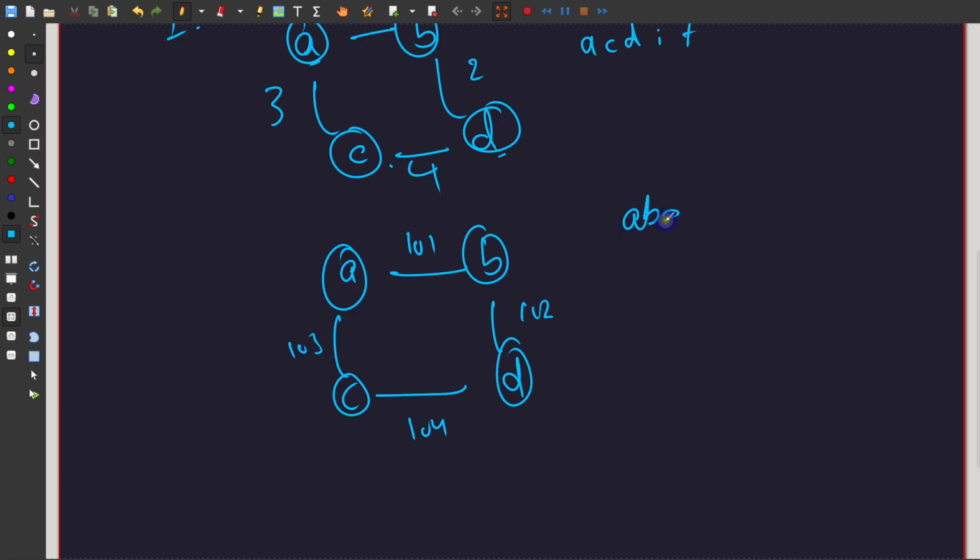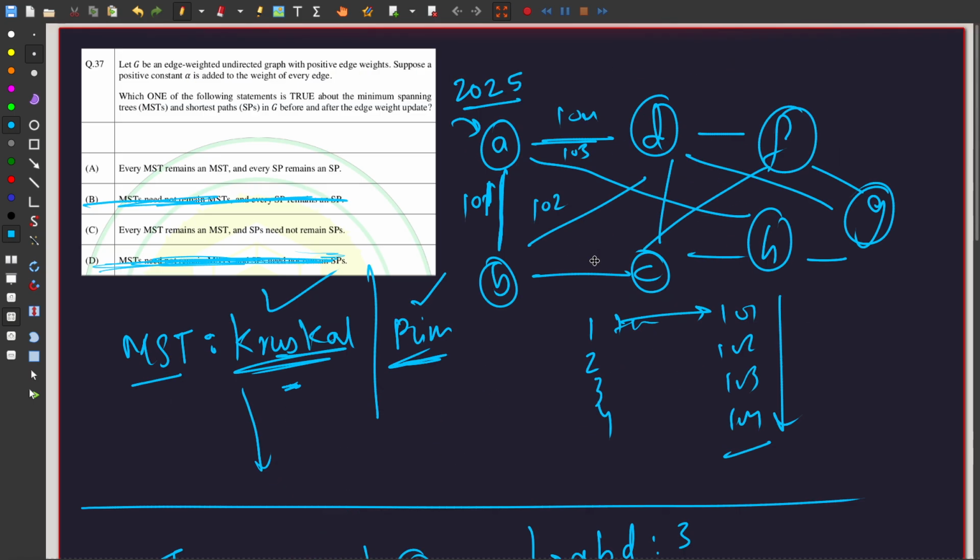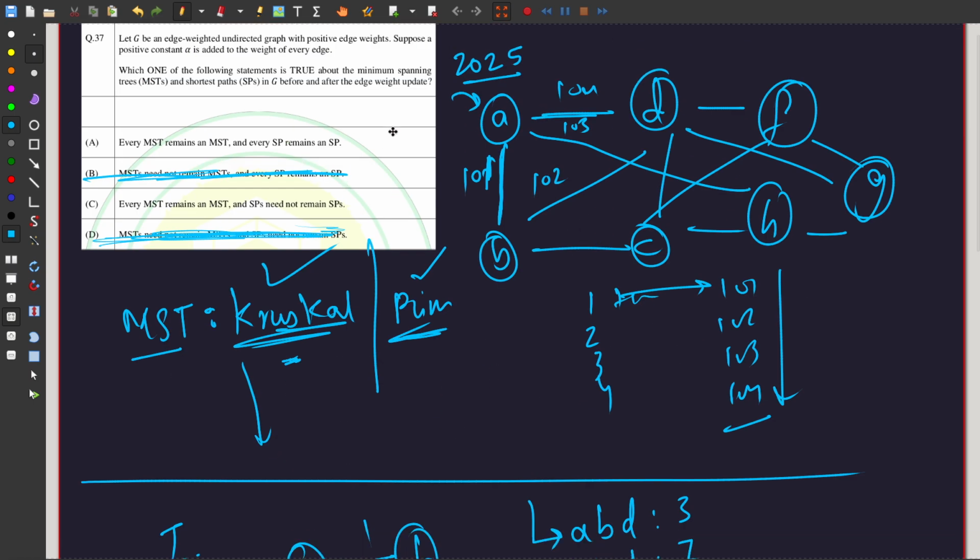So ABD now becomes 101 plus 102, which is in fact 203. ACD now would become 107. So still ABD remains, right? Now you might feel very much inclined to say that every shortest path also remains a shortest path.